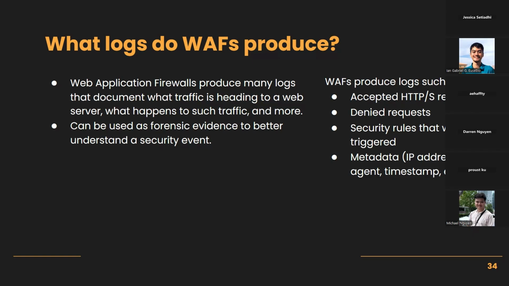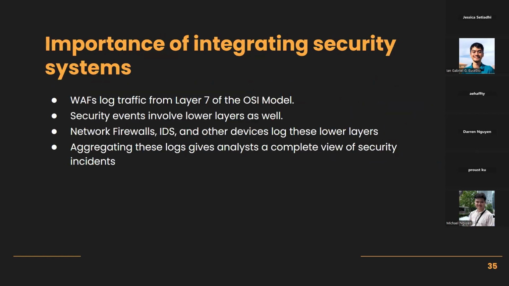Furthermore, this is just one layer of the whole OSI model framework. There's also information from the network layer and the transport layer. All these layers could help a security analyst understand what's happening, what the security incident looks like, and what we are dealing with. So it's important to have these logs integrate with other systems.